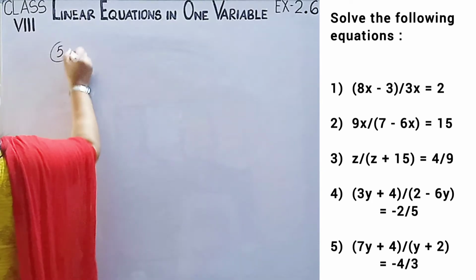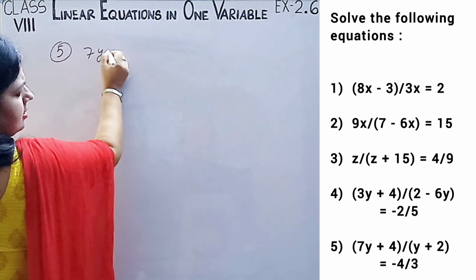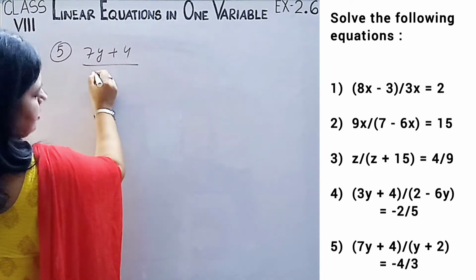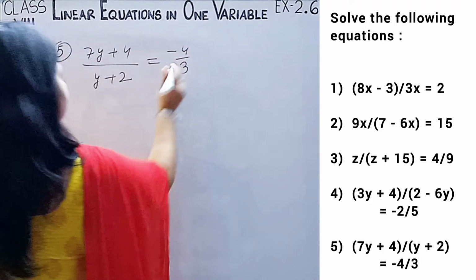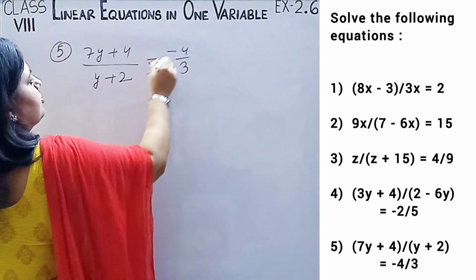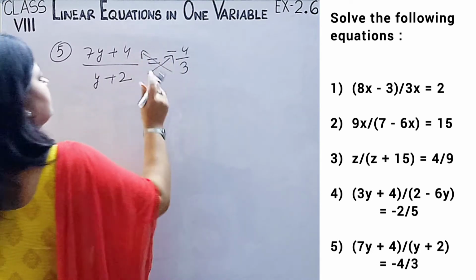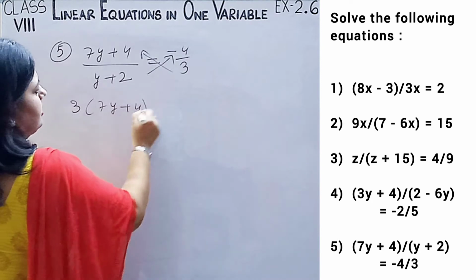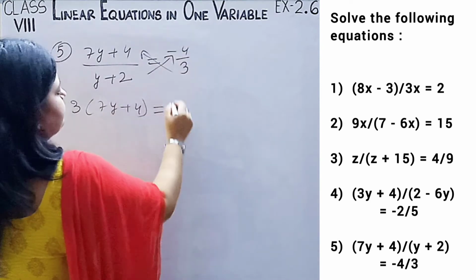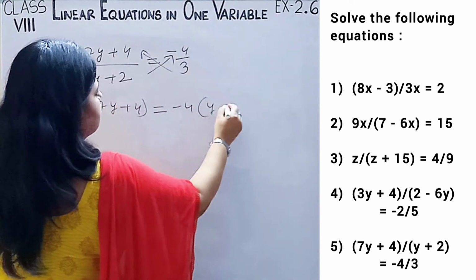Question number 5. (7y plus 4) upon (y plus 2) is equal to minus 4 upon 3. So first we have to cross multiply. So 3 will be multiplied with (7y plus 4) is equal to minus 4 will be multiplied with (y plus 2).